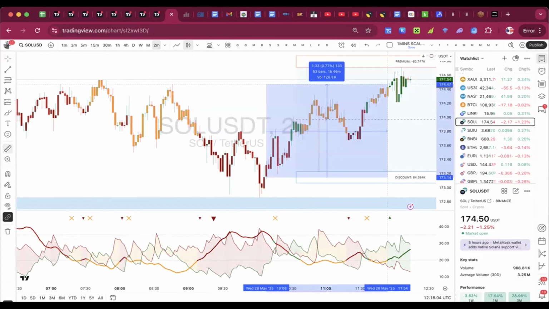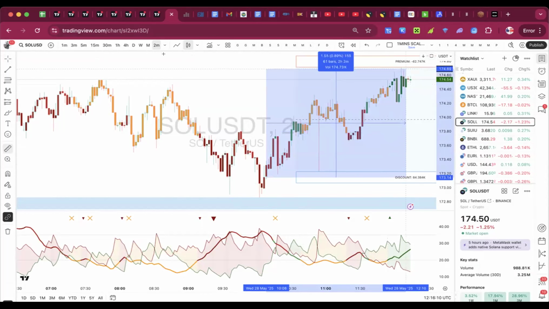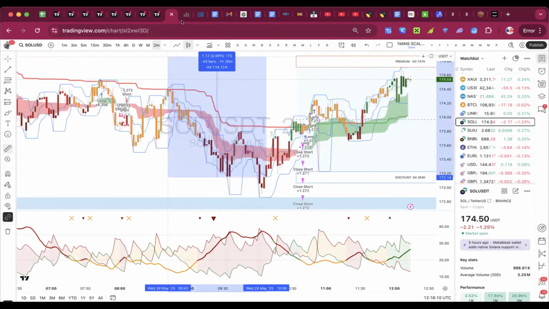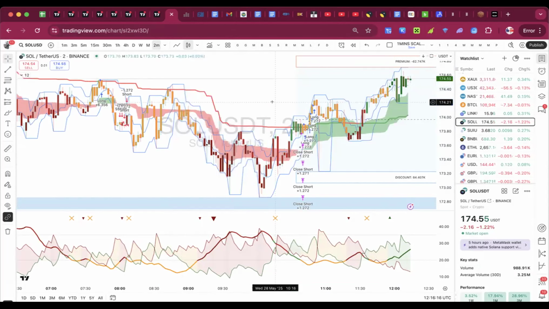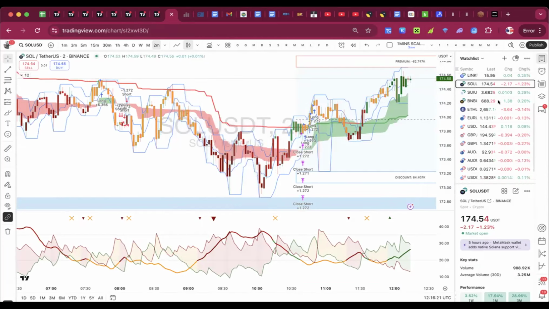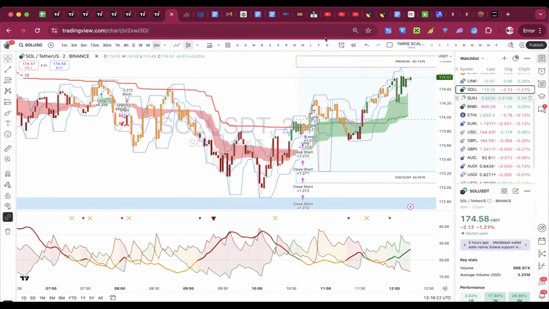Okay, I'm close to 1%. All right, so I think it's a very straightforward kind of strategy that does not give you unnecessary stress unless you like to stress yourself.